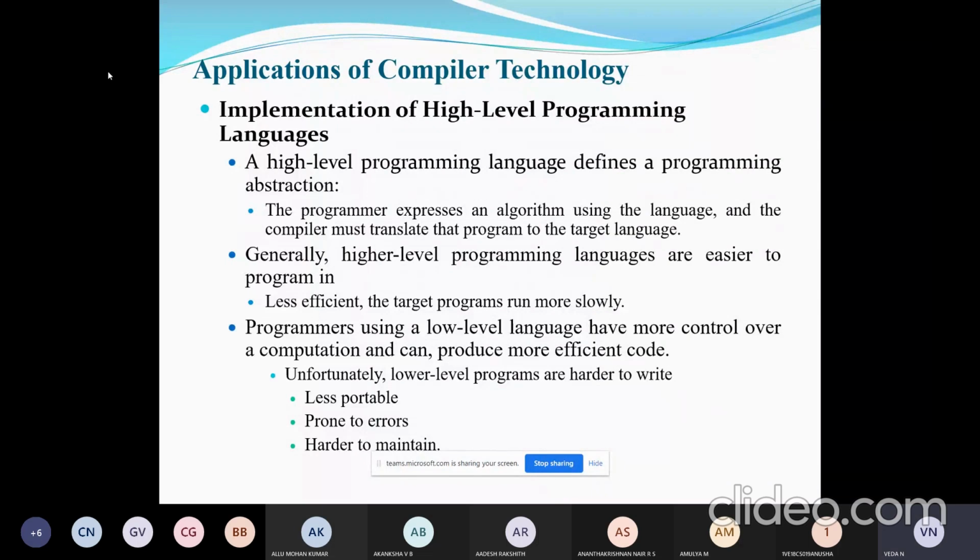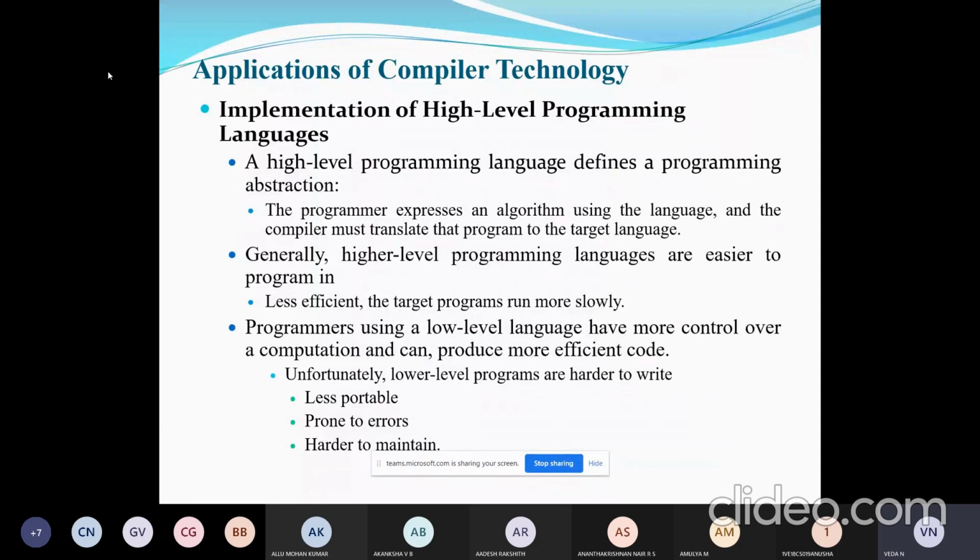Next thing is writing in a low-level language. Maybe it has more control over computation, in the sense of getting the target values directly. It cannot give us an easy way of writing the code, but it can produce efficient code also.